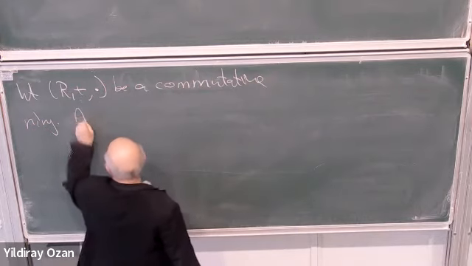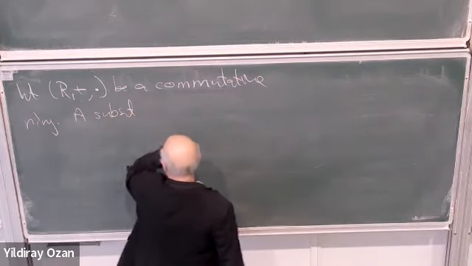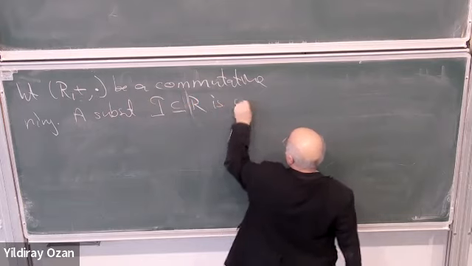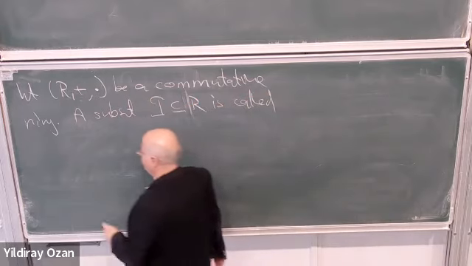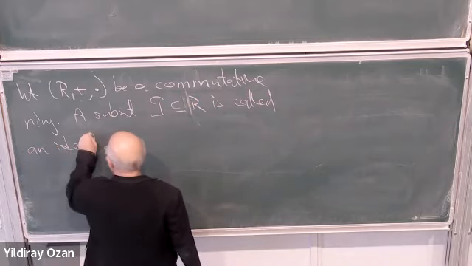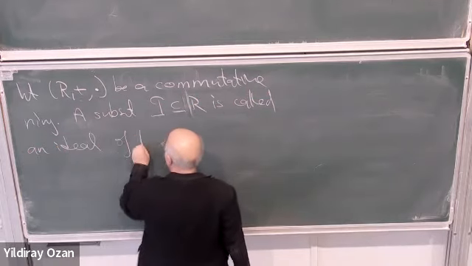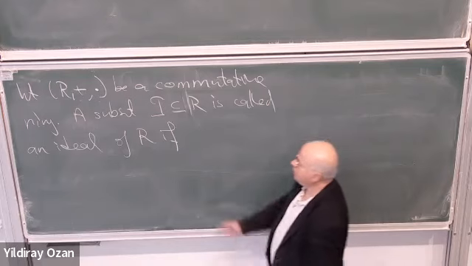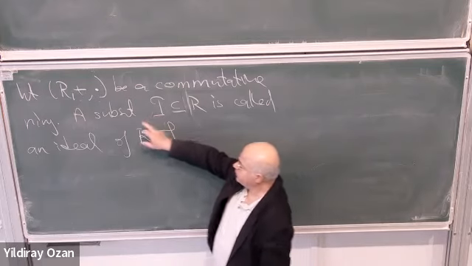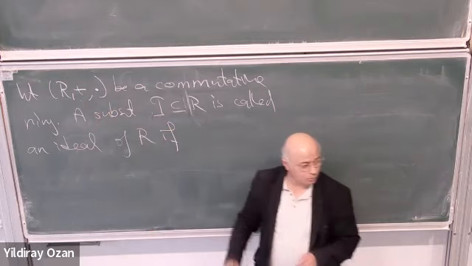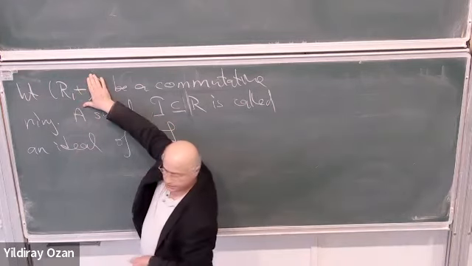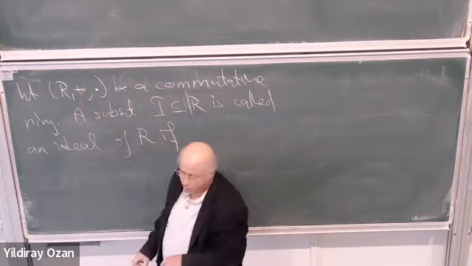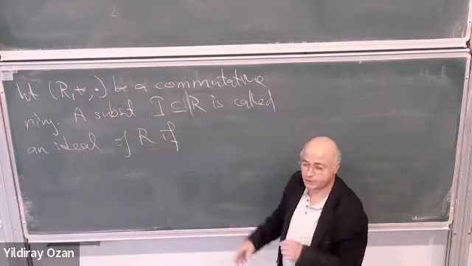A subset I of R is called an ideal of R if it satisfies the following conditions. I, with respect to the addition operation, should be a subgroup, right? I know that R with plus is an abelian group, so I with that operation should be a subgroup.